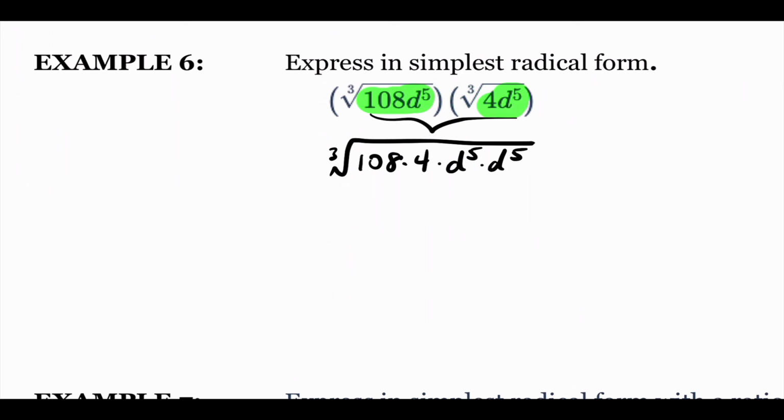Okay, so now I have 2 numbers to break down, 108 and 4. Well, luckily 4 is easy, just 2 times 2.